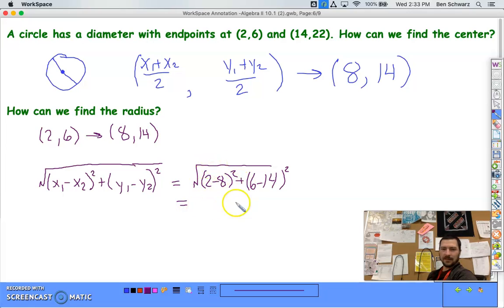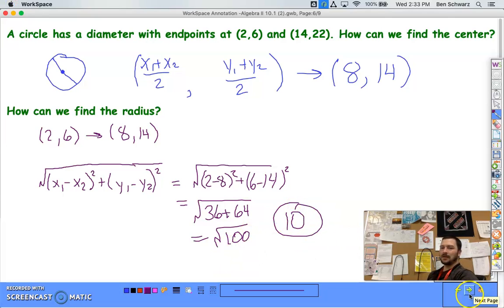You would get negative 6 squared, which is 36. 6 minus 14 is negative 8, and negative 8 squared is 64. So we get the square root of 100. So our radius is 10.